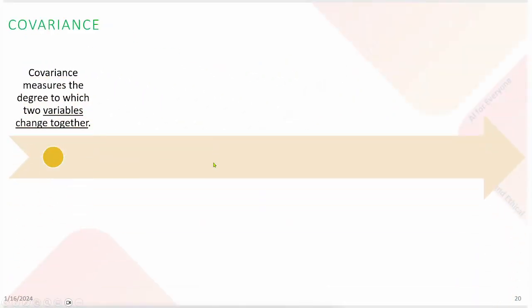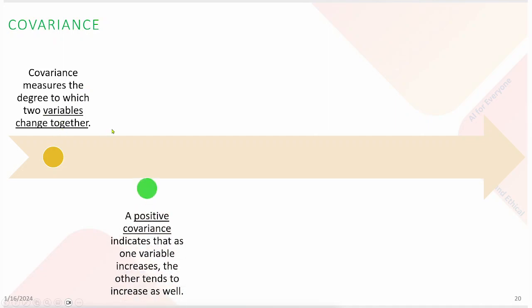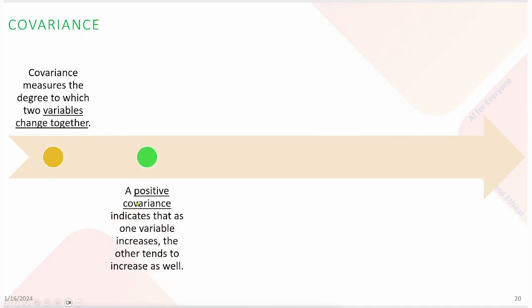So let's look at what fundamentally characterizes covariance. It's a measure of the degree to which two variables change together. That means the direction of change could be the same in those two variables, or it could be opposite. When the direction of change is the same, it is called positive covariance.